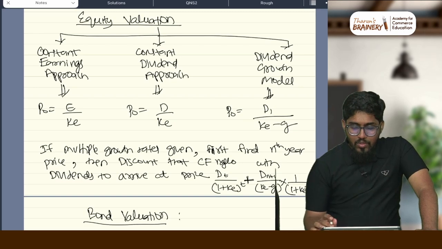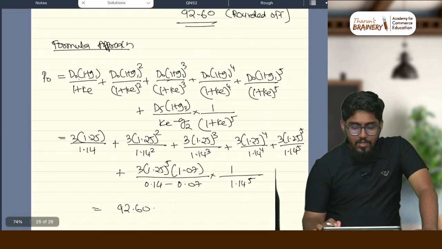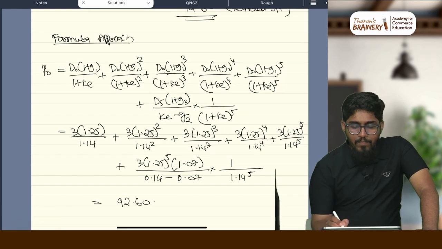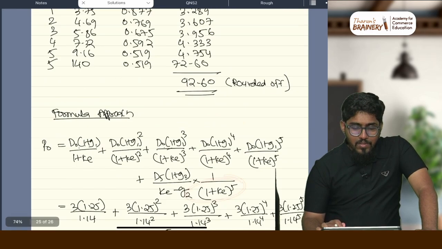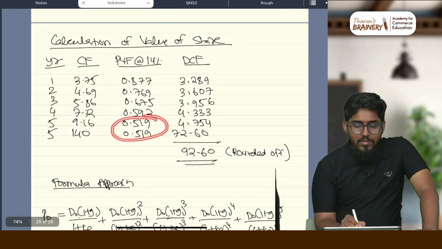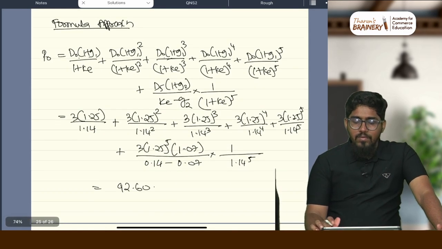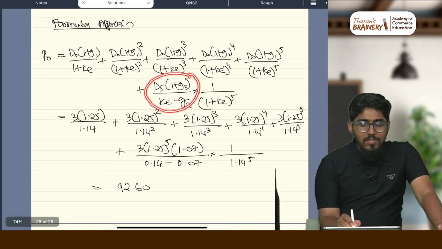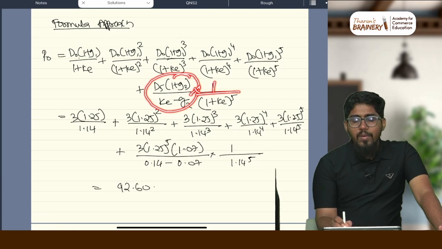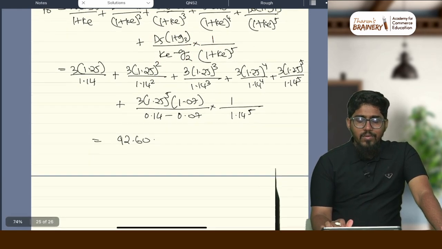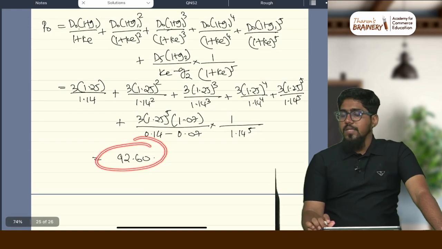Clarity. Same thing you did here also, 1 divided by 1 plus K to the power 5. So this is the price into 1 divided by 1 plus K to the power 5. If you do this you will get the answer as 92.6.